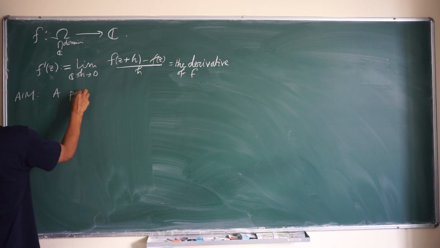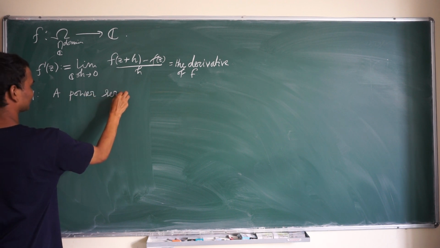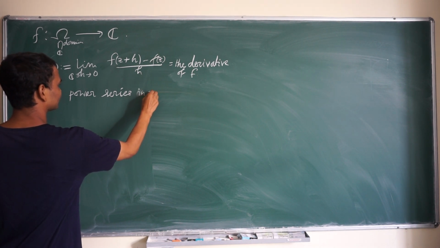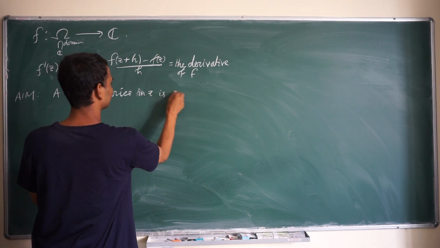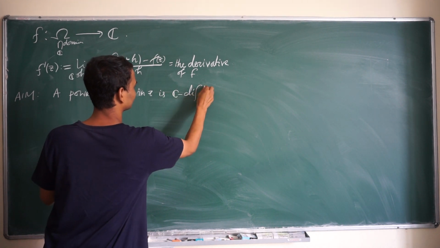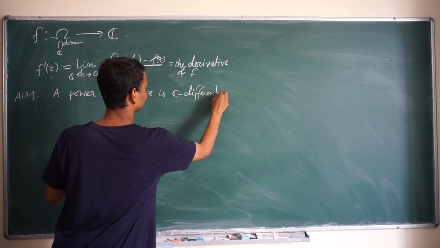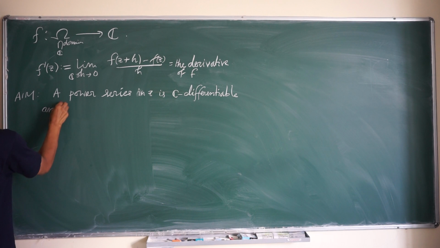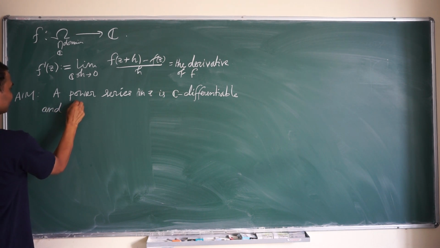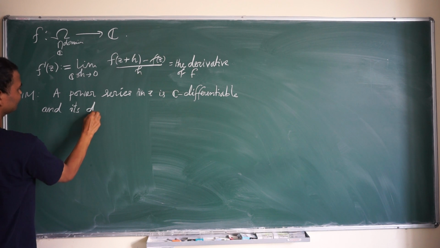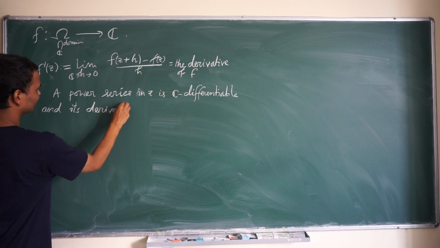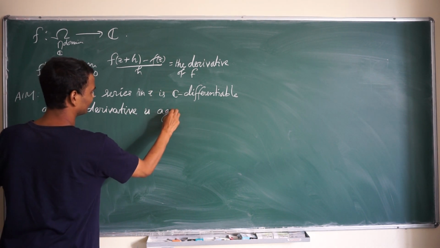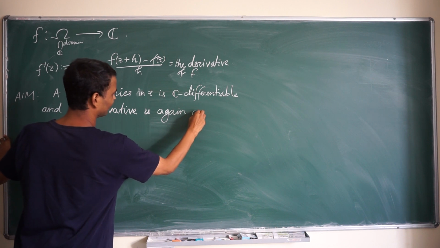So today's aim is that the power series in Z is C differentiable and its derivative is again a power series.